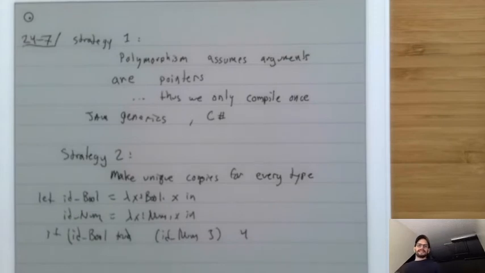So what we do is we make a separate copy of the code once for each time that we instantiate it.